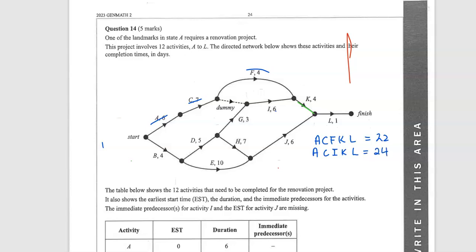That was the critical path, so there's 24. Then I'm going to do the next option, which is B, D, G, I, K, and L, and that one adds up to 23. And then if I do B, D, H, J, L, that one's 23. And then if I do B, E, the bottom one, J, L, and that adds up to 21. So there are all my paths.